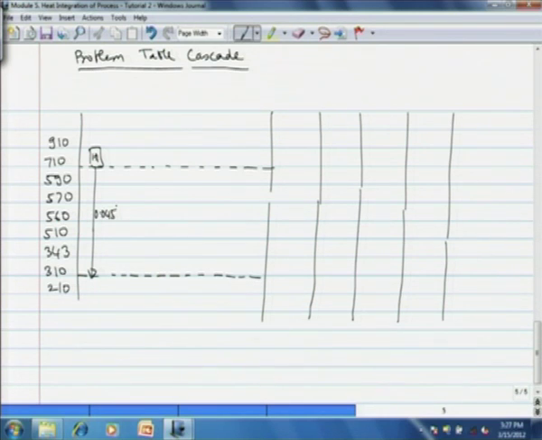Then H2 goes from 510 to 210. Then H3 goes from 590 to 310.